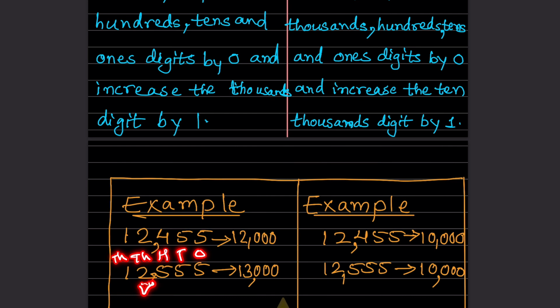So after this immediately the number is 5. So what are you going to do? 5 means, as I said, you are going to add 1 to this 2. So 2 is going to be 3. So it is going to be 13, and all other digits are 0. So what are you going to write here? 13,000. Hope that is clear to you.